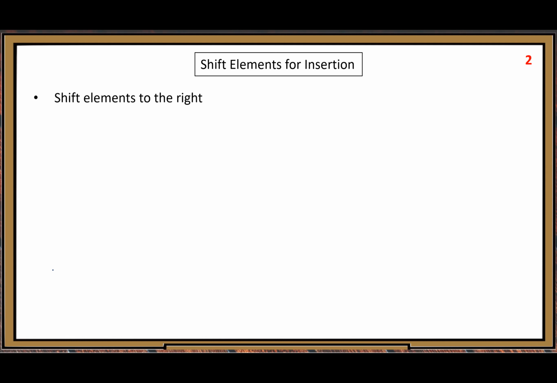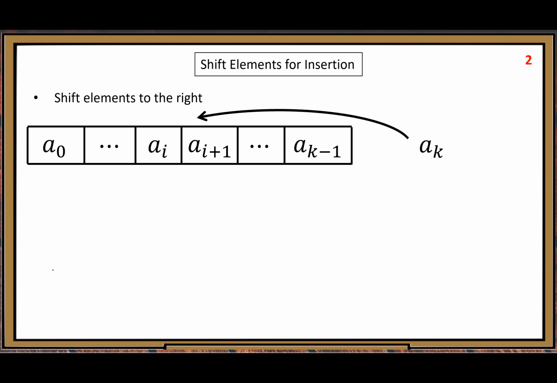Given an array like this, all the elements in the sorted array have their original locations, and there is no room for the new element AK.